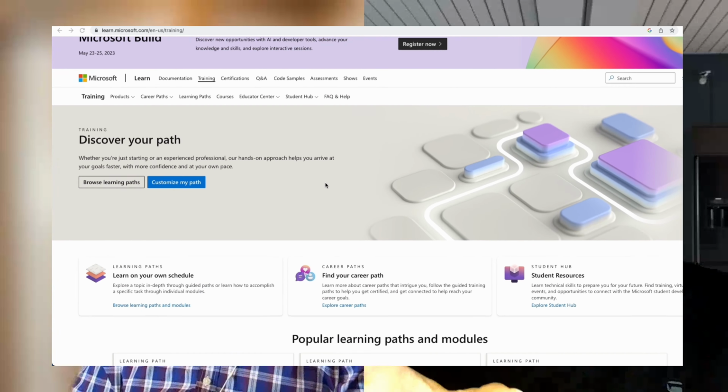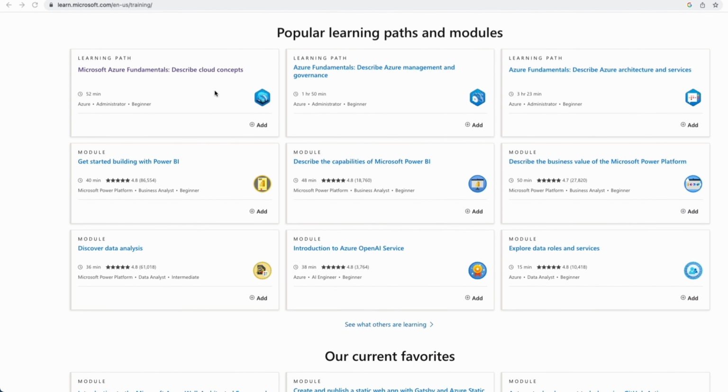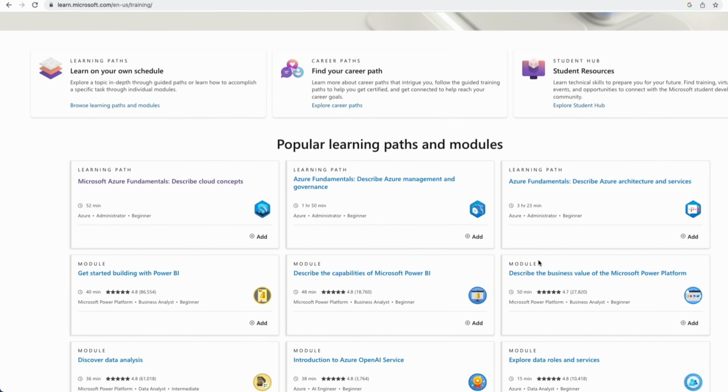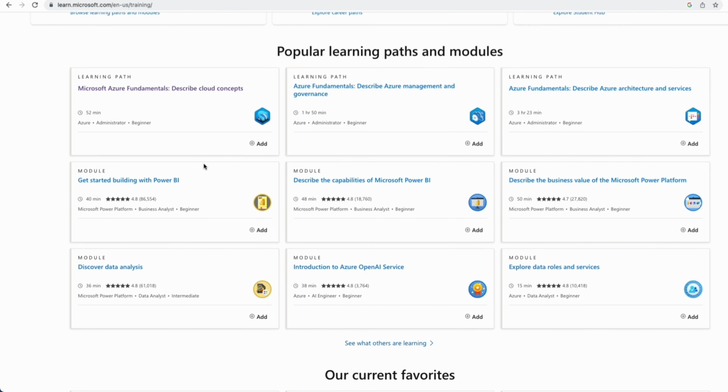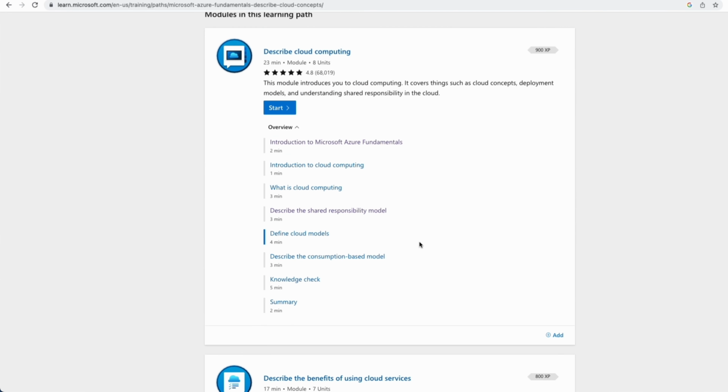So you now have learn.microsoft.com, which is a combination of the product documentation available and the components required for learning. So your learning path. That's why they combined this into a single point that you can access to find all the information you need from Microsoft. It's not only about the technology, but also about architectural topics. So you can use it for documentation and for learning.